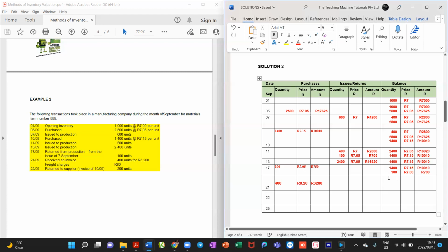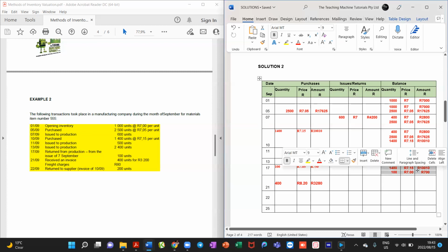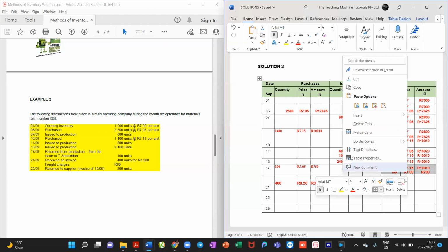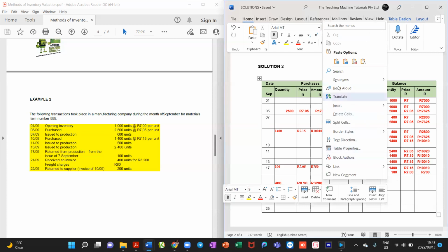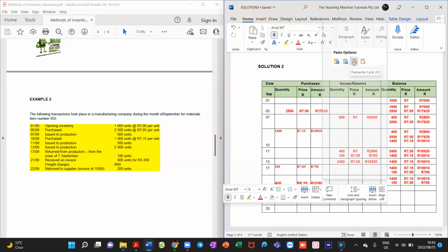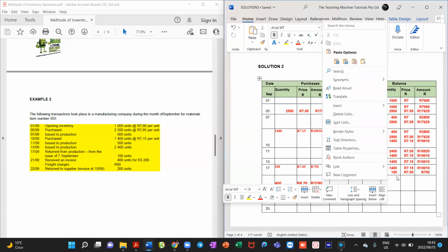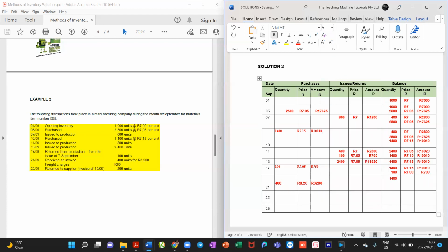We have how many batches? We have like 3 now. Let me copy. I hope the copying part will go well. So it's 1.4 at 7.15 and it's 10.10.